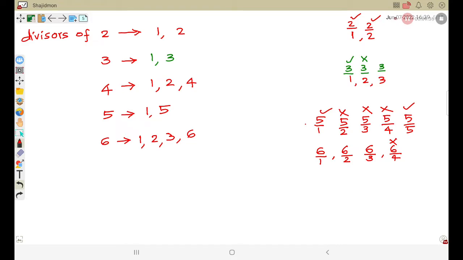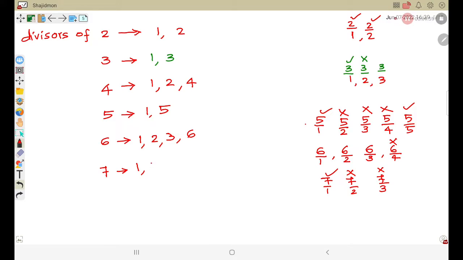Now for example, the number 7. 7 divided by 1, it is possible. So 1 is a divisor. 7 divided by 2, is it possible? Not. 7 divided by 3, is it possible? No, because we will get a point number. That is why it is not possible. 7 divided by 4, not possible. 7 divided by 5, not possible.